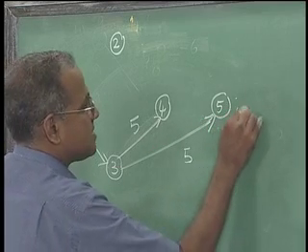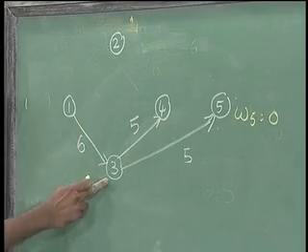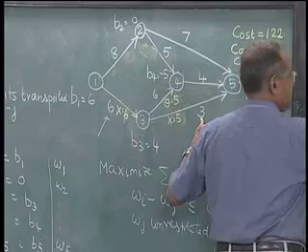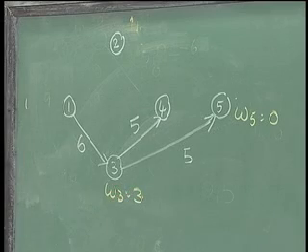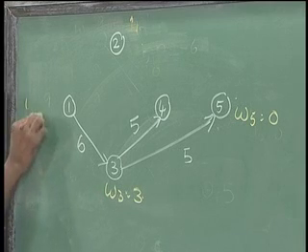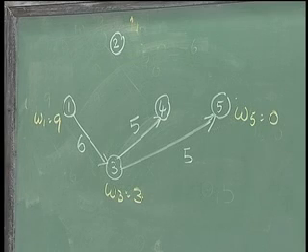So, this would give us W5 equal to 0. Now, from this Wi minus Wj is equal to 3. So, W3 will be 3. Now, this would give us W1 equal to 9, 9 minus 3 is equal to 6.